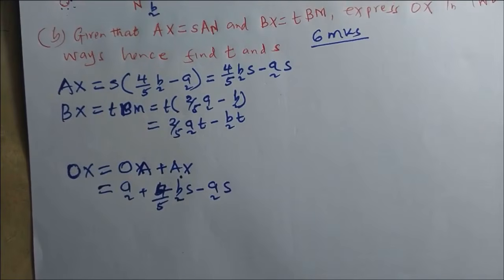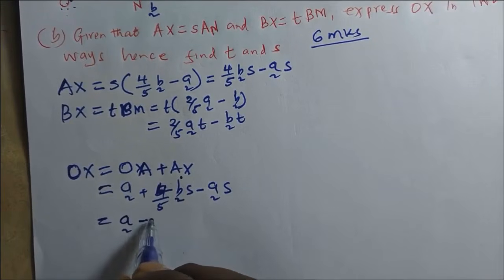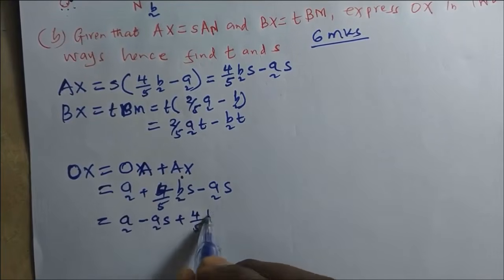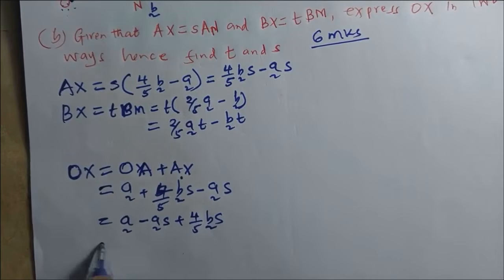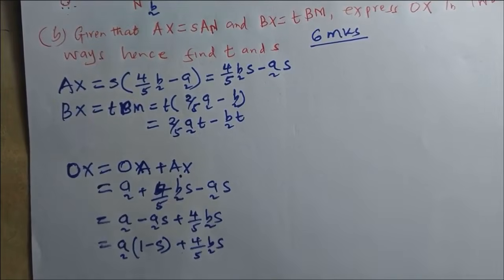That's one way of expressing OX. We can bring this together: A like terms minus AS plus 4 over 5 BS. Let us make it even simpler: we put A outside, A into 1 minus S, plus 4 over 5 BS.